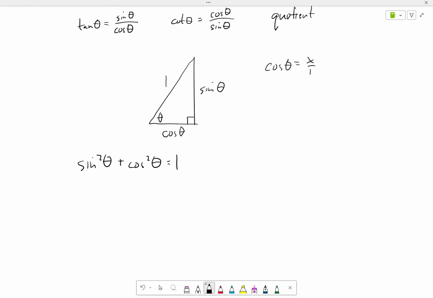Related to this, we could say that sine squared theta equals 1 minus cosine squared theta, and also cosine squared theta equals 1 minus sine squared theta. That's all the same identity, just twisted around. So that's one Pythagorean identity. There are two more that you need to know.